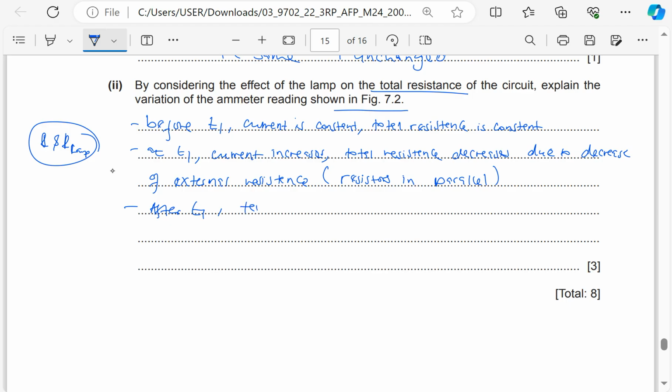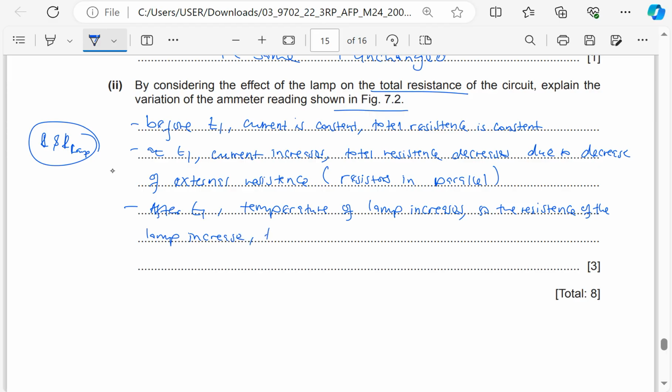maybe the temperature of the lamp increases. So the resistance of the lamp increases. What is the effect?